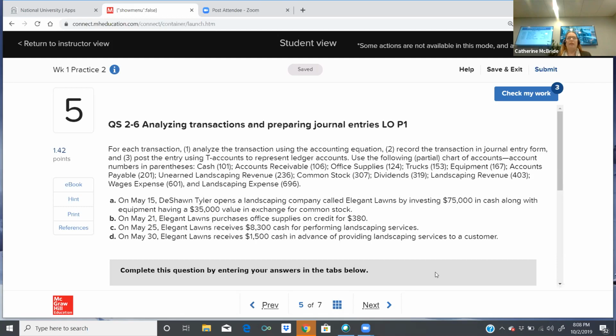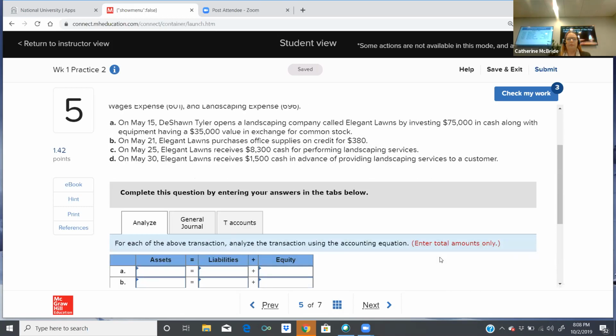We've increased an asset. If we increase an asset, do we debit it or credit it? We're going to debit it. We've increased common stock. If we increase common stock, do we debit it or credit it? If we increase common stock, we're going to credit it.